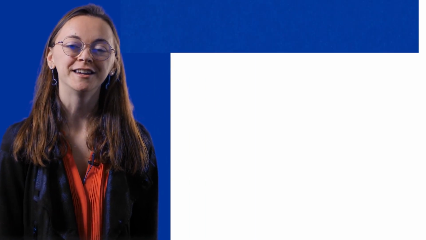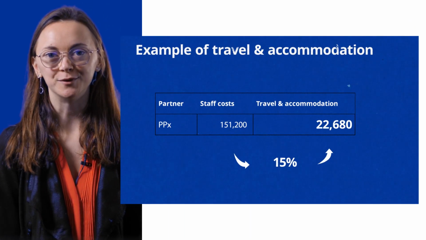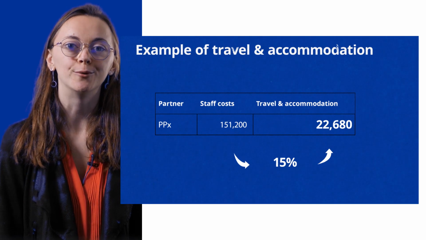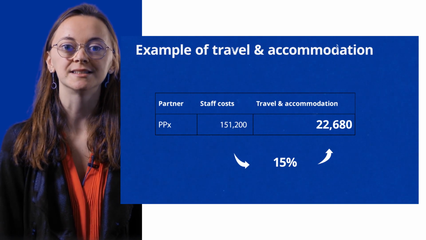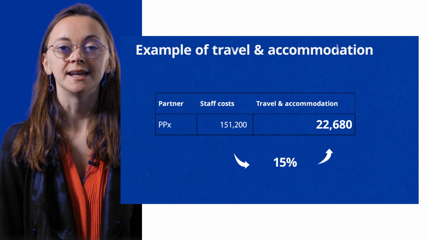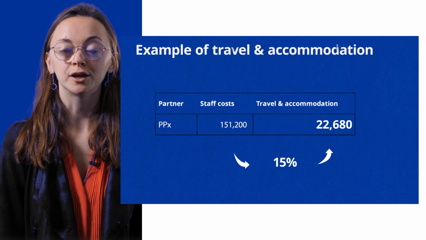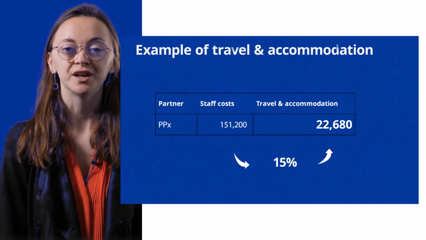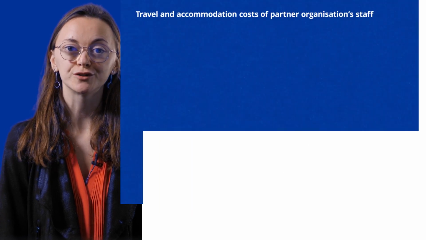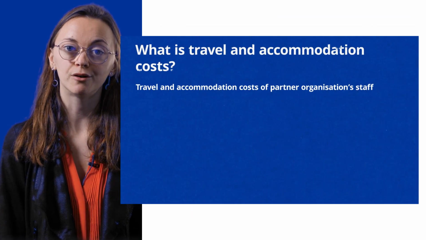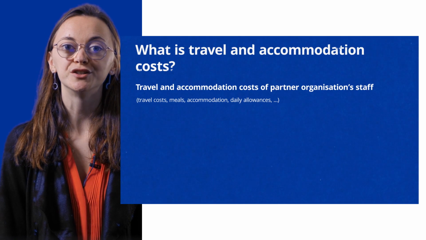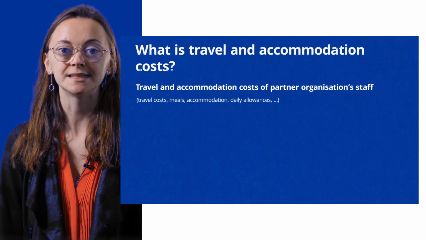This cost category includes costs such as travel, accommodation, of course, but it can also be for meals or daily allowances or visas. And it is only for travel and accommodation of the staff members. So the travel and accommodation costs for associated policy authorities or stakeholders should be planned under external expertise and services.